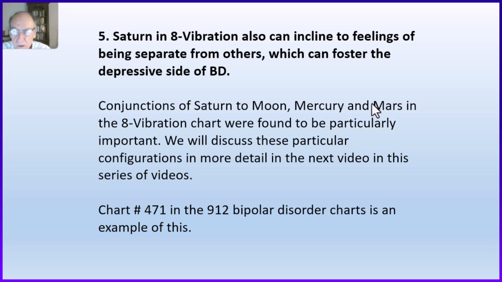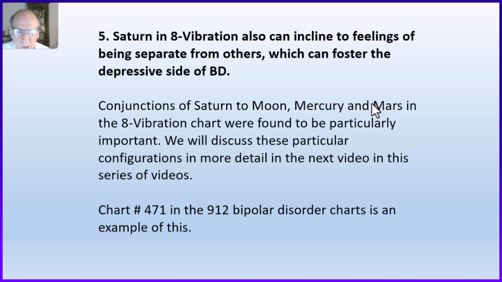But actually, if you're looking at these charts, any strong Saturn activity in 8 vibration is likely to incline towards this seriousness, this desire to be honest and direct and not fooling around and goofing off and being insincere or being hypocritical. It leads to a desire to be simple and straight and direct. But we saw it especially to Moon, Mercury, Mars, and that's what we put into the AstroSignature.